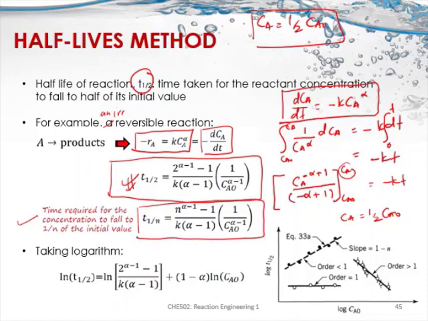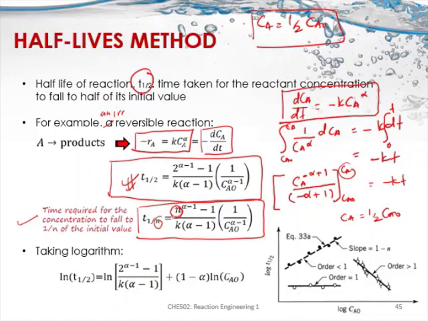When n is 2, it means half, so the 2 will be replaced here. The rest will be similar. So if we want to find the time required for the concentration to fall to, let's say, 1/10 of the initial concentration, this n will be 10.